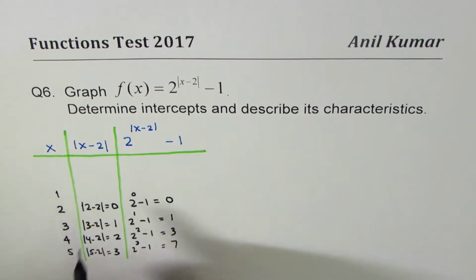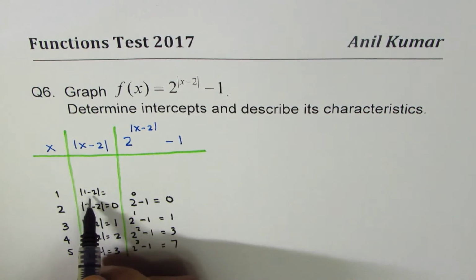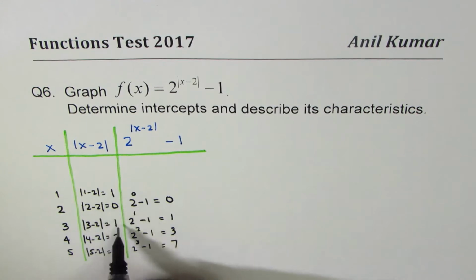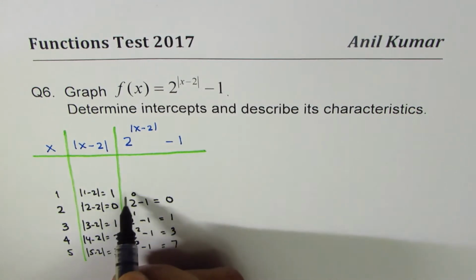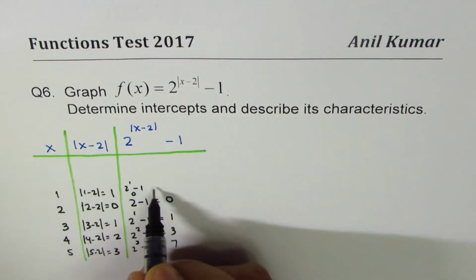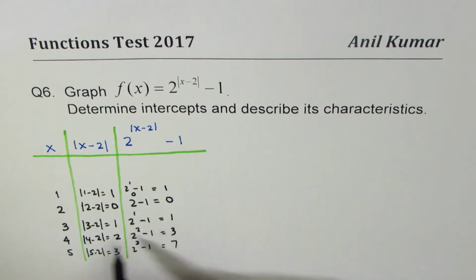So we'll take a value 1. So absolute value of 1 minus 2. 1 minus 2 is minus 1, but absolute value is always positive. So this is 1, and then what we are going to get is 2 to the power of 1 minus 1, which is 1, right? Same as 3.